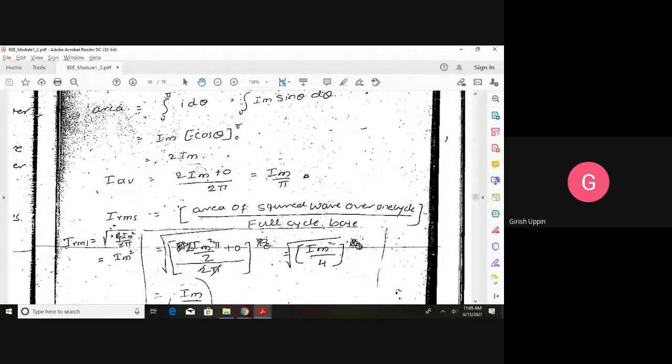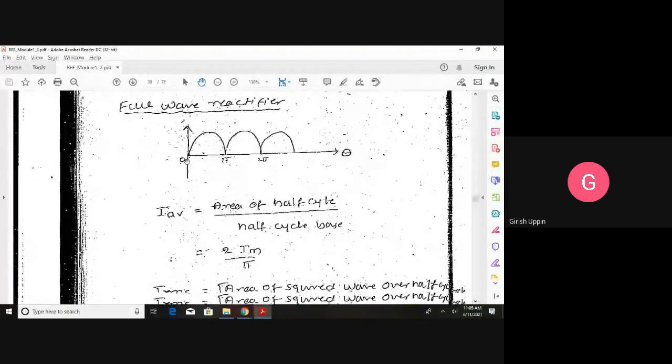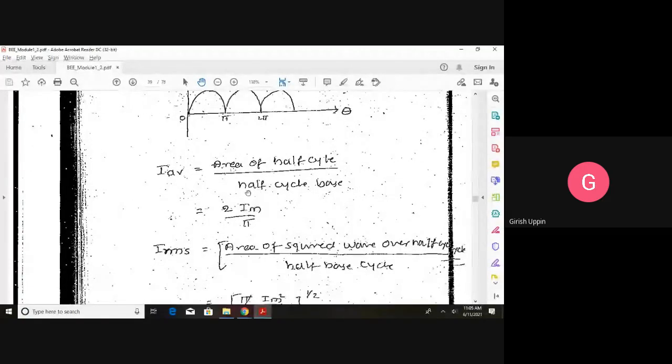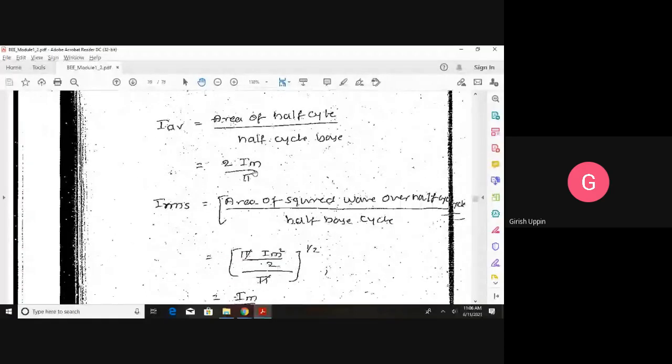So the area is 2 Im, which we are directly using here. The area of a half cycle is 2 Im, and the half cycle base is 0 to pi, that is pi. So this is the average value. If you observe, what was the average value for the half wave rectifier? It was Im by pi, isn't it? I will show you.